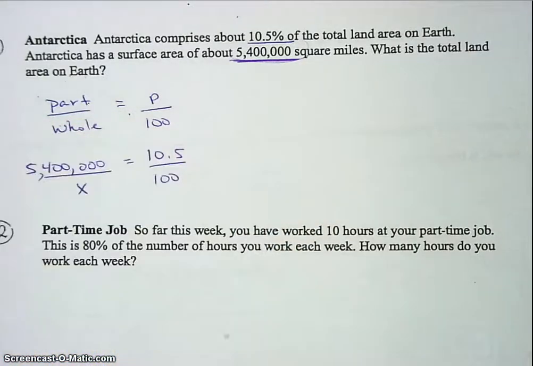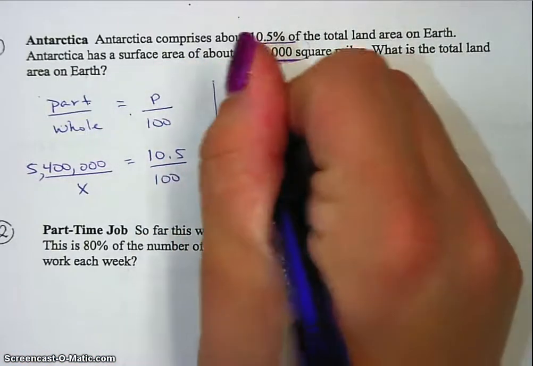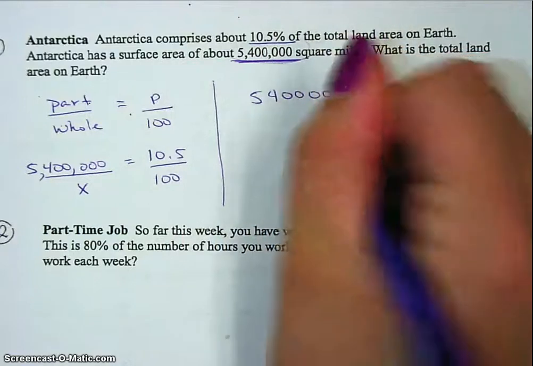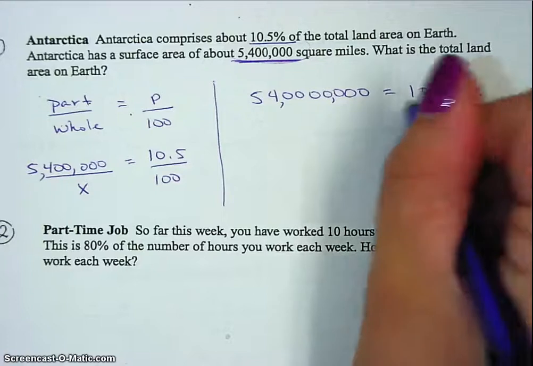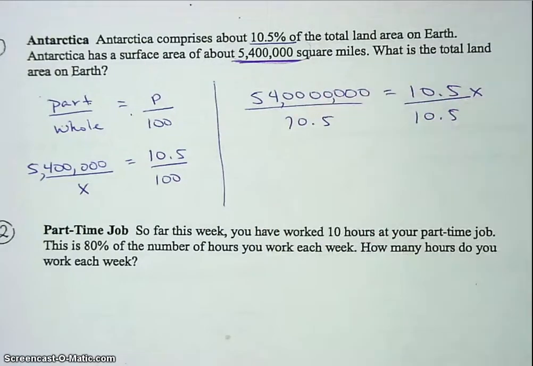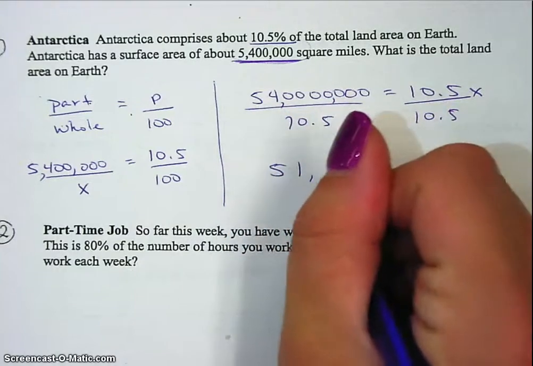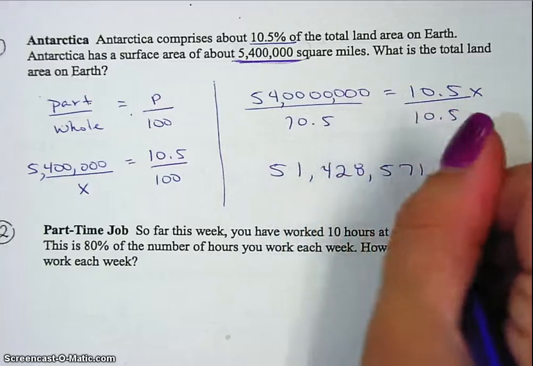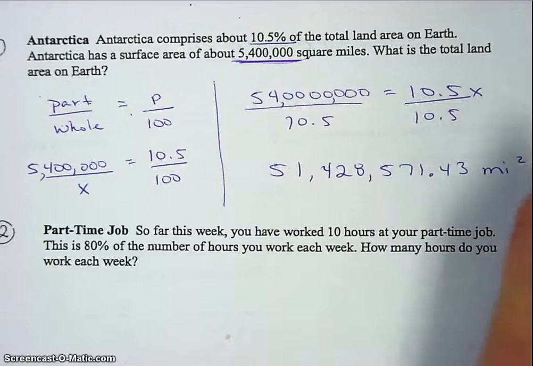And then notice again, it's our same proportion, multiply across, so that's going to give me a rather large number. And then divide by 10.5. So when we divide by 10.5, we get 51,428,571.43 miles squared.